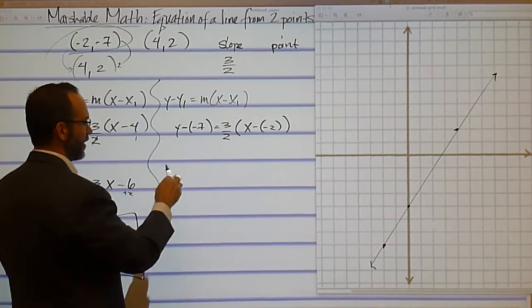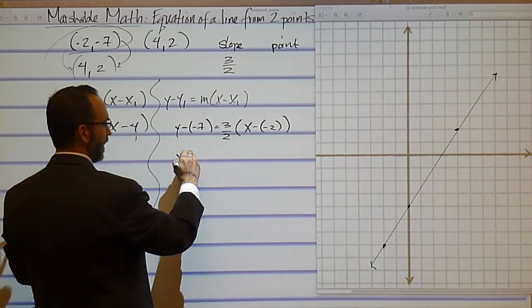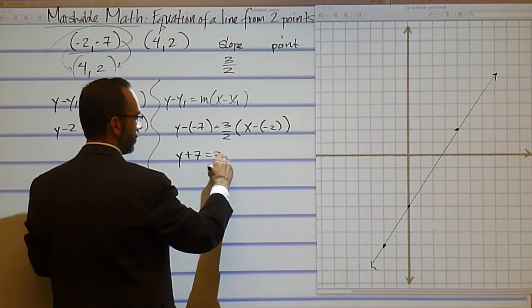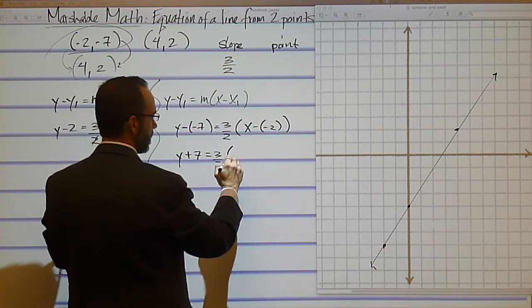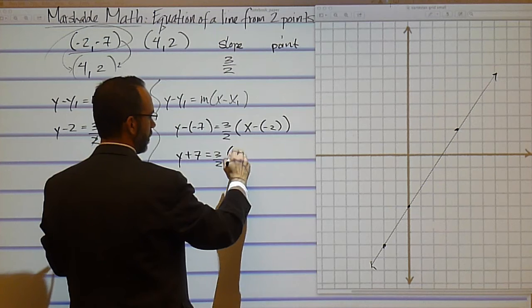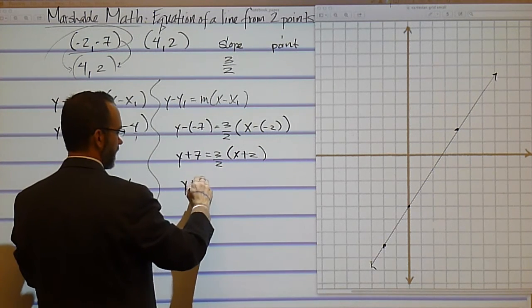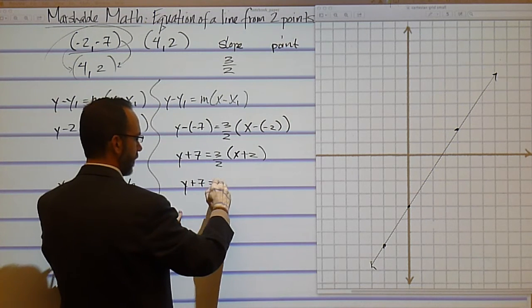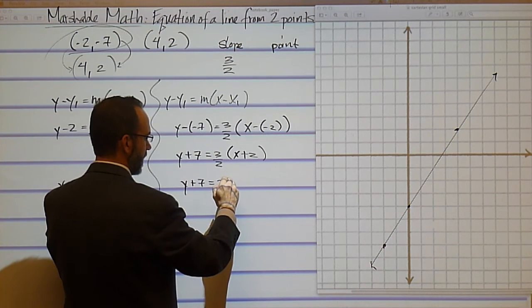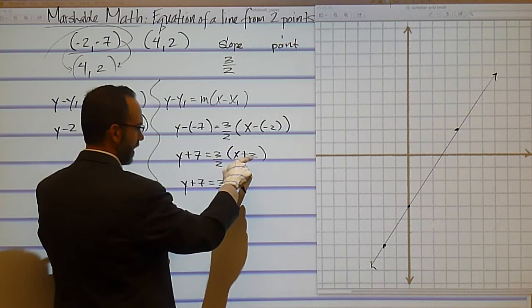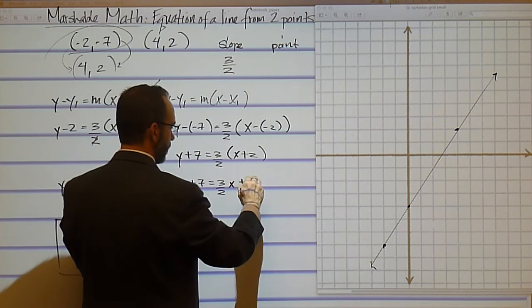But us being good mathematicians, we can handle negativity. That's a good thing. So this becomes y plus 7 is equal to 3/2 times, and clean that up, x plus 2. Distribute in: y plus 7 is equal to 3/2 times x, and then 3/2 of the 2's here cancel, so don't I get plus 3?